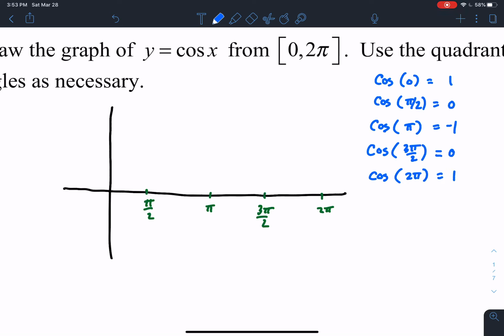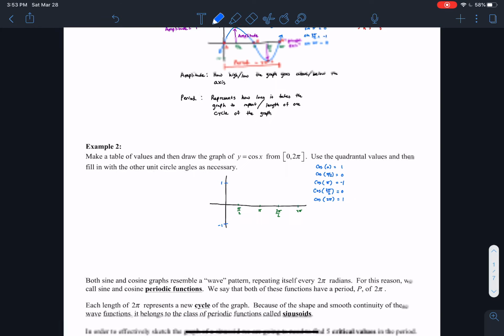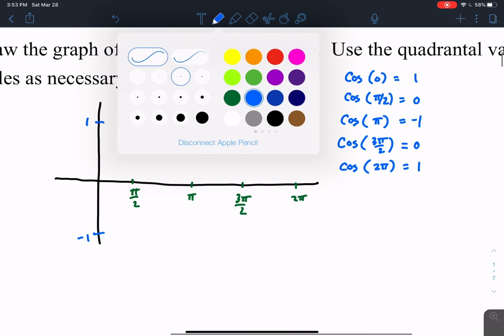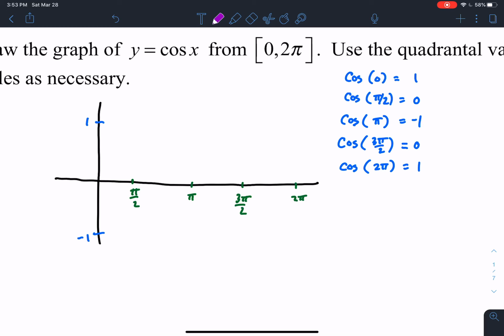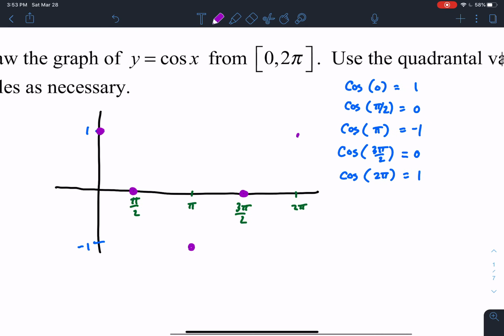Okay, so again, this has a cycle that is going to repeat itself as you work your way through it. So I'm going to start at 0, 1, so that's your high point, and then pi over 2, 0, axis, pi, -1, that's your low point, 3 pi over 2, 0, axis, and then 2 pi, high point.